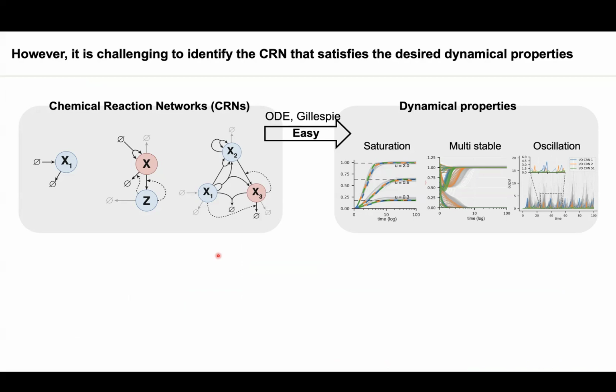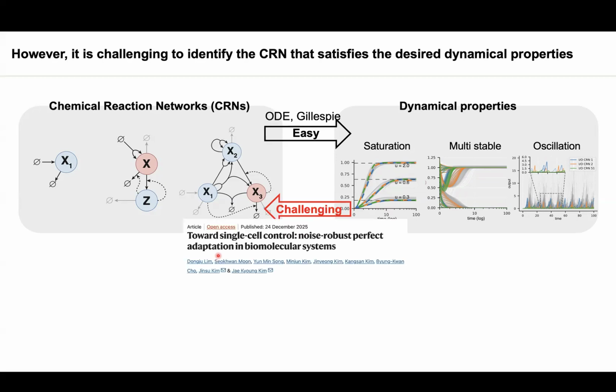But in the opposite direction, once we have desired dynamical properties, it is hard to get chemical reaction networks which have those properties. For example, the best example case is my paper, my research activity.